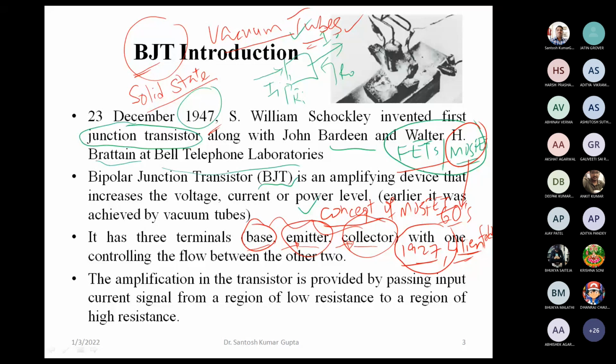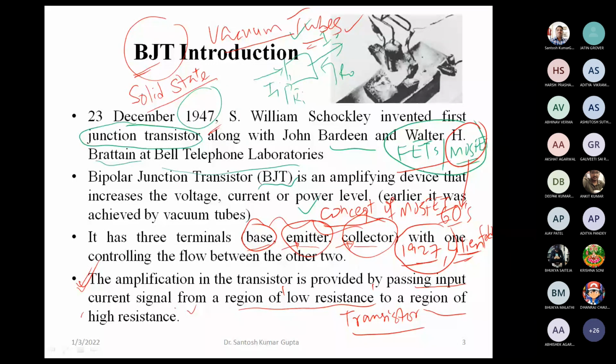So amplification, the foremost point here, is that amplification in the transistor is provided by passing the input current signal from a region of low resistance to a region of high resistance. That is the very basis. That is also why the word transistor is there: we are able to transfer the current over different resistance, from the low resistance of the input to the high resistance of the output.